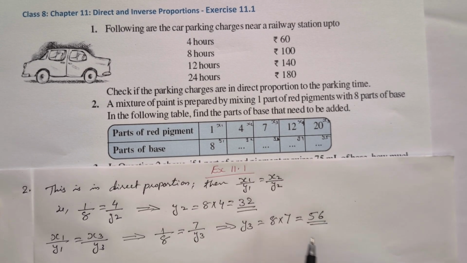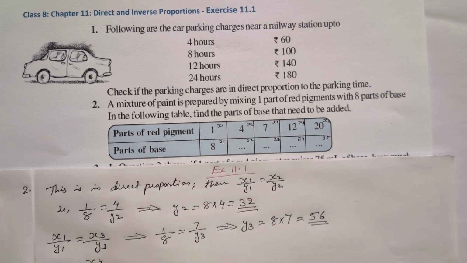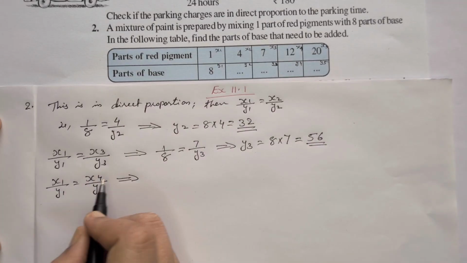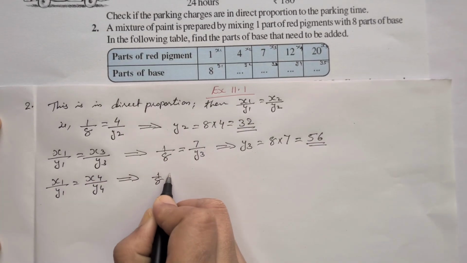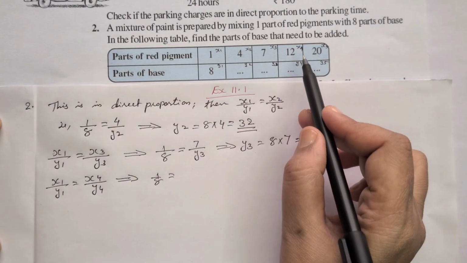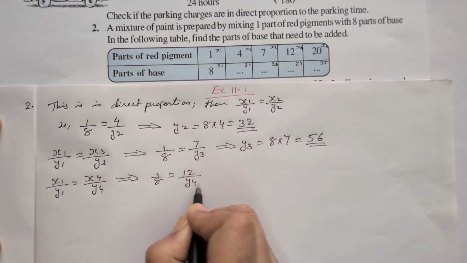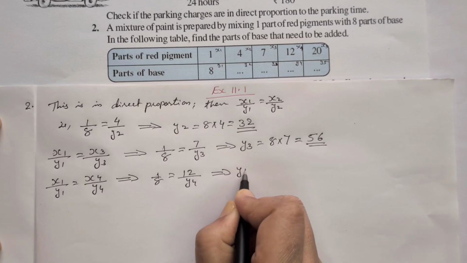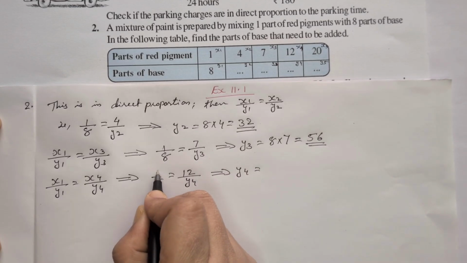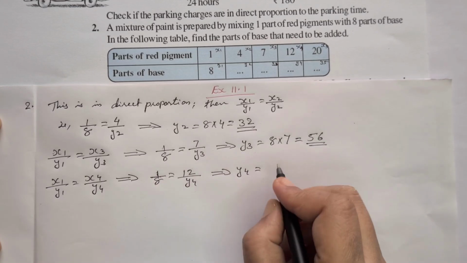In the same way, x1 by y1 is equal to x4 by y4, that is 1 by 8 is equal to 12 by y4. From that, y4 is equal to 8 into 12.